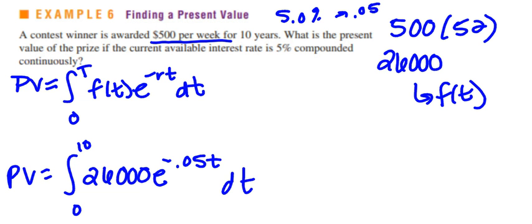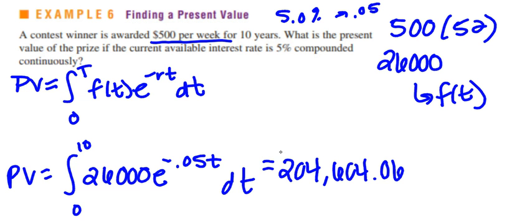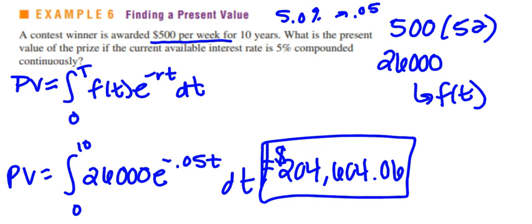Type it in your fancy calculator, it tells you what it is. And when you have done that, you get $204,604.06. So there is the present value of the prize money.